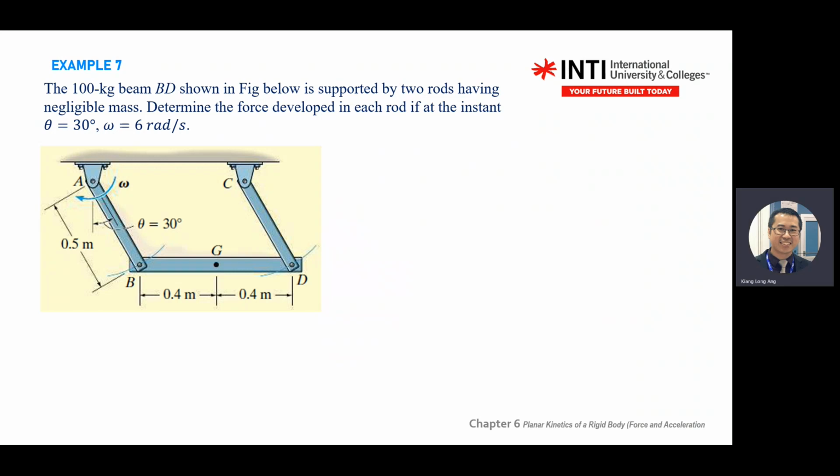So here you have 30. How do you draw your free body diagram? What is your force? The question asks you for the force developed in each rod for the instant. So you have one rod here, one rod here.